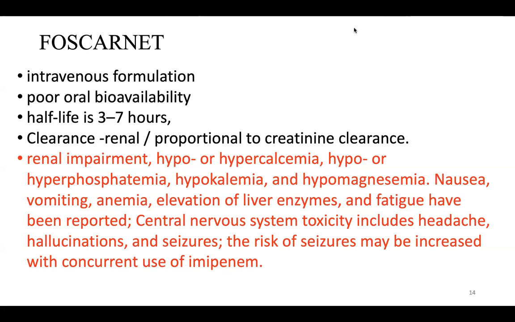Potential side effects of foscarnet include renal dysfunction, hypo- or hypercalcemia, hypo- or hyperphosphatemia, hypokalemia, and hypomagnesemia. Anemia, vomiting, nausea, and elevation of liver enzymes may also occur.